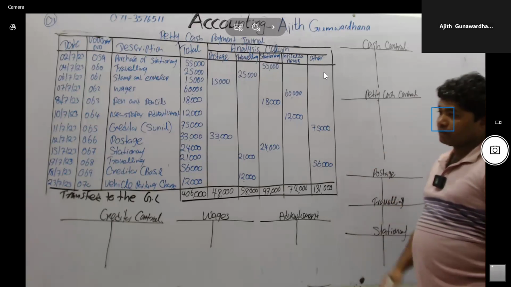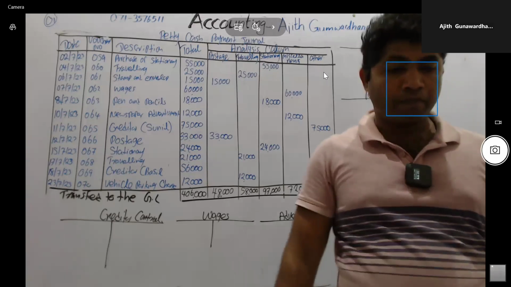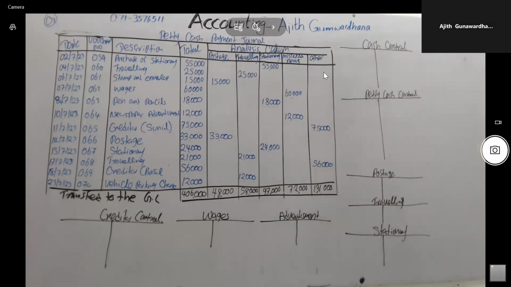At first, prepare the ledger accounts. The ledger accounts should be maintained in the general ledger. In all business organizations, this is the process.